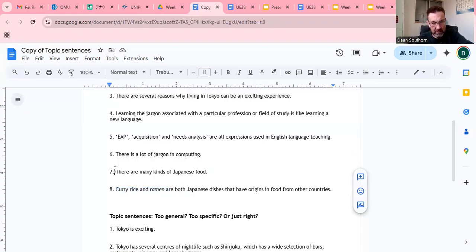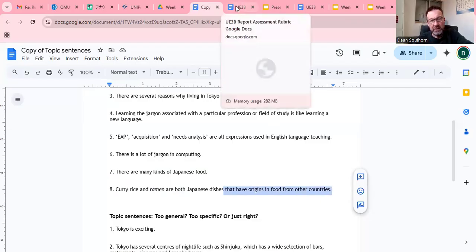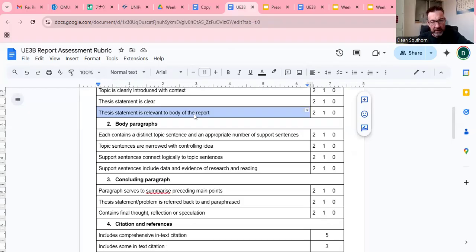If you combine them, there are many different kinds of Japanese food that have origins in other countries. Then we have a nice balanced topic sentence. Okay, so make sure each one has a topic sentence. They are narrowed with a controlling idea. And then support sentences connect logically to the topic sentence.